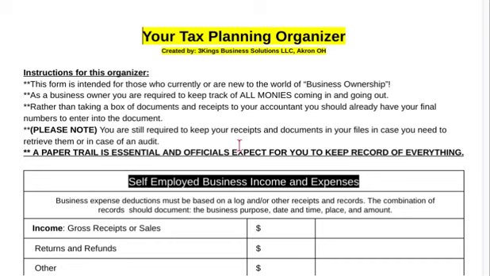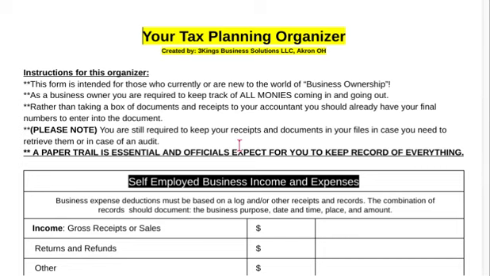Now, this tax planning organizer is something that I give to all of my clients generally around September, October each year, right before they're ready to get started planning their tax return.